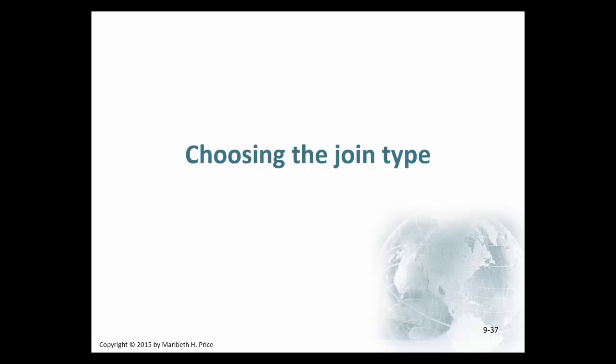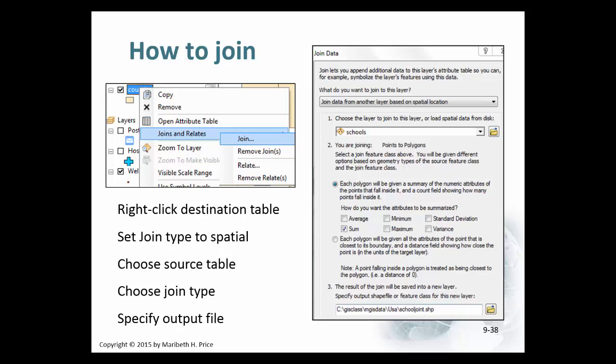Now we'll try to show how to join using ArcMap. In a spatial join, the attributes of the feature in the source layer are appended to the features in the destination table. The output layer always contains the same features as the destination table. When choosing the join, keep in mind the cardinality of the join to pick the most appropriate option.